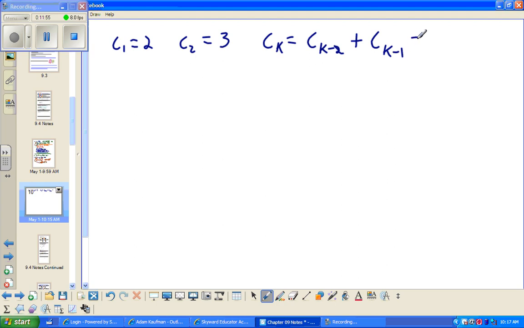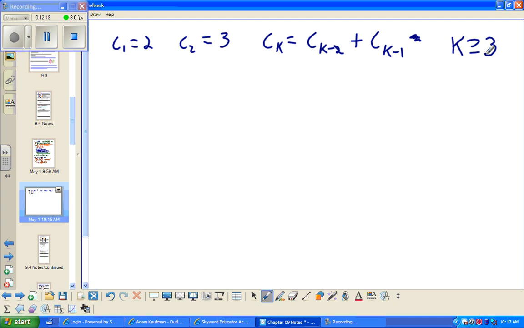Should have written this all out for you ahead of time. And k is greater than or equal to 3 in this case. Basically, if it's defined recursively, that means you're using multiple previous terms to get the new term, and there's not some formula that we have for this general case.